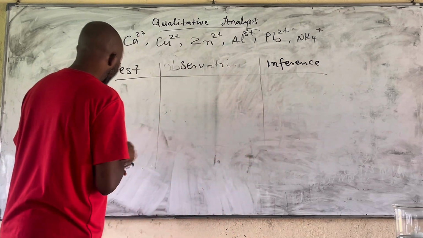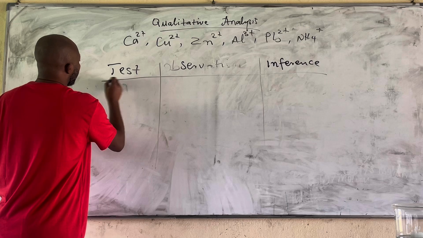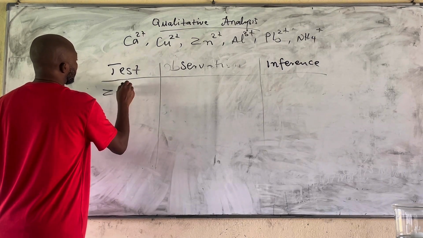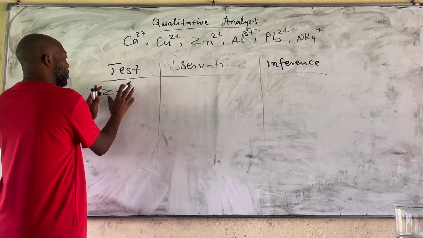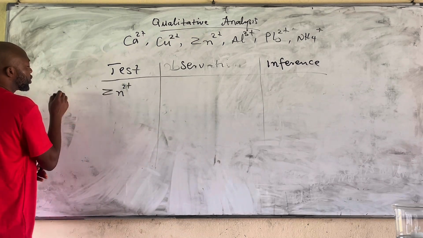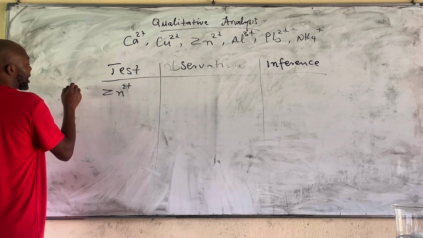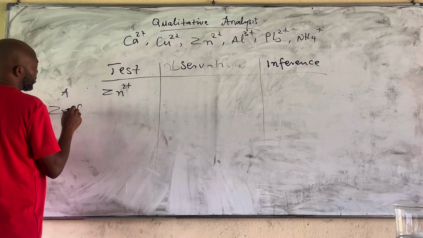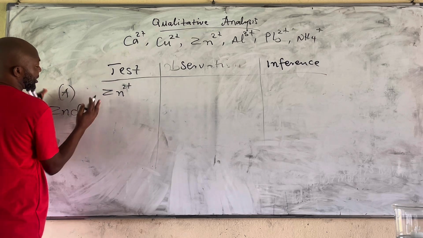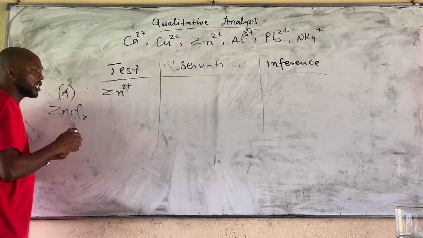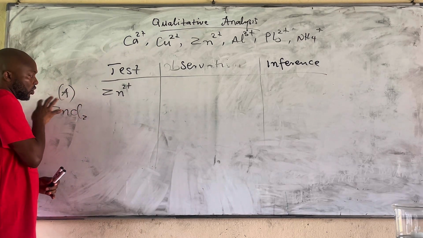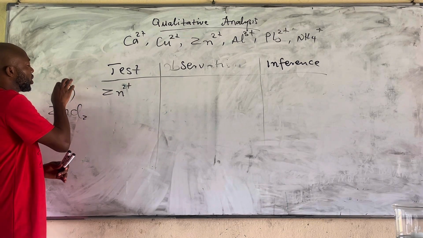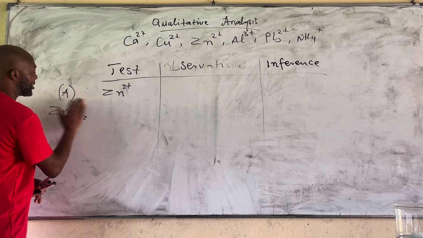So let's say we are testing for zinc 2+, and it is given to us as sample A. Sample A could be zinc chloride, or zinc sulfate, or whatever it is, but the instructor calls it sample A. You do not know that this is there.